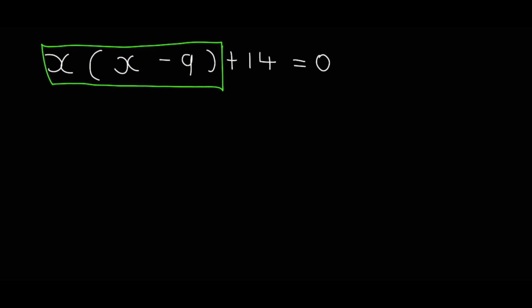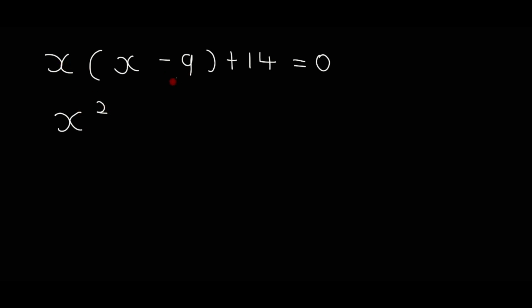So in this situation, we first multiply this bracket: x times x is x squared, and then x times -9 is -9x, and then +14 is equal to 0.